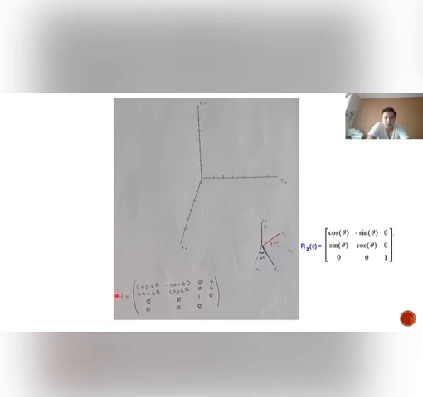And we put our homogeneous transformation matrix here: cos of 60 degrees, sin of 60 degrees, 0, 0. Minus sin of 60 degrees, cos of 60 degrees, 0, 0. We put 0, 0, 1, and 0.